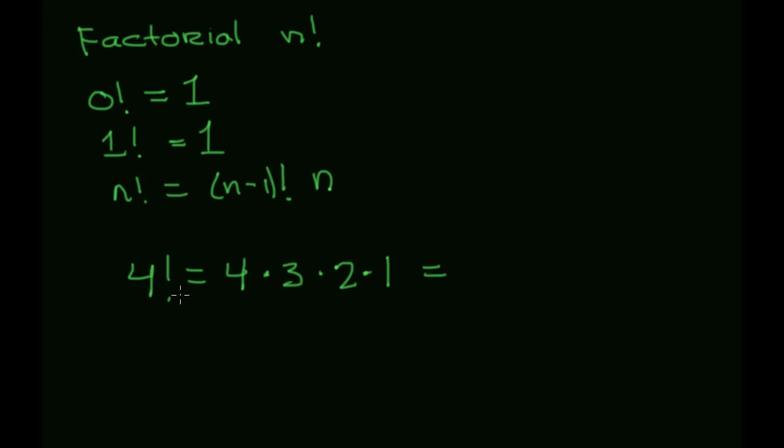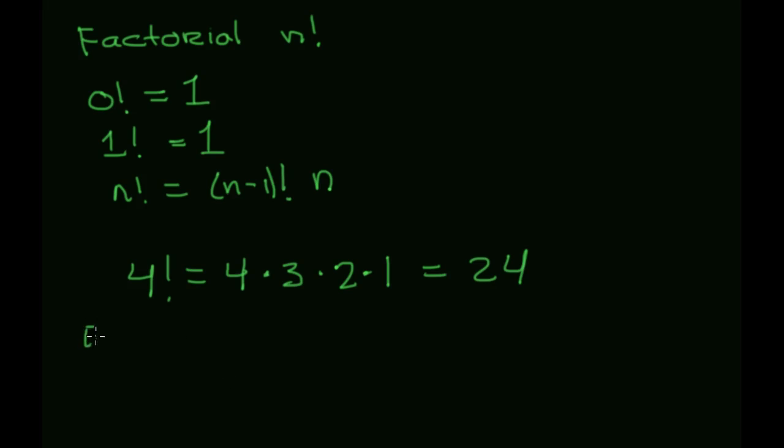So 4 factorial is just 4 times 3 times 2 times 1. 6 factorial would be 6 times 5 times 4 times 3 times 2 times 1. Okay, so let's see. 4 times 3 is 12. 12 times 2 is 24. Times 1 is 24. So 4 factorial comes out as 24. Okay, so this is a pretty simple idea.